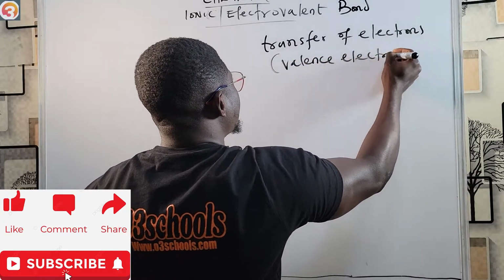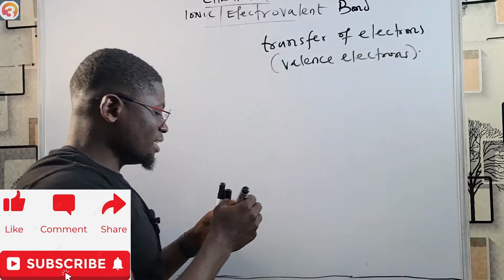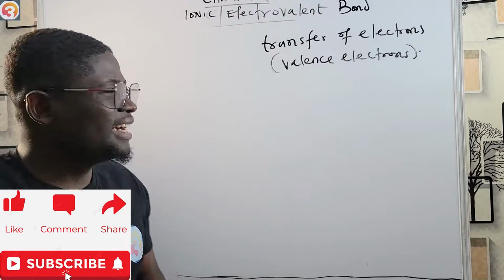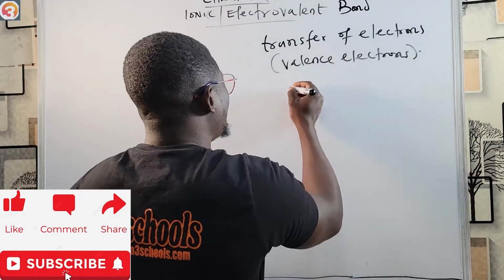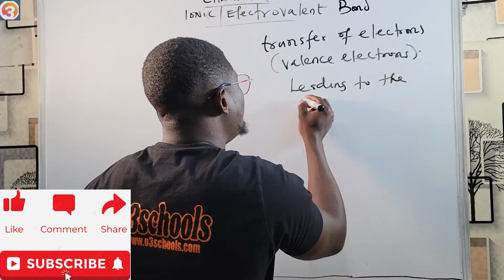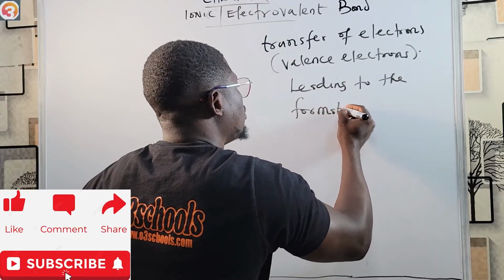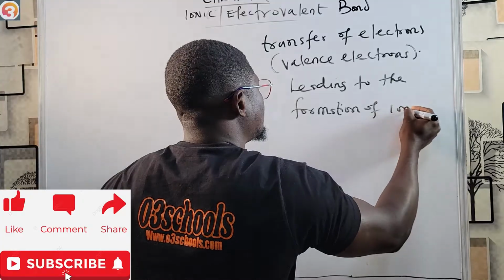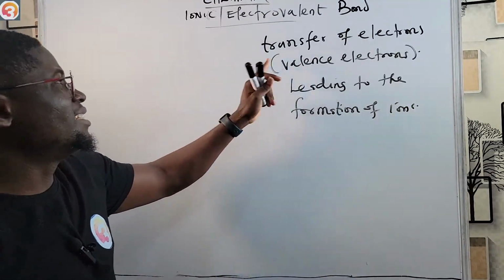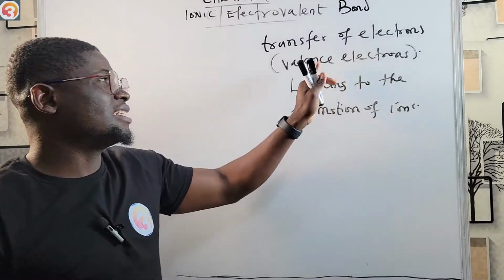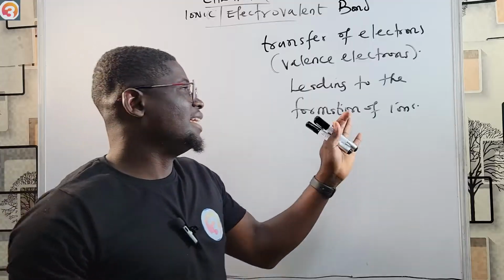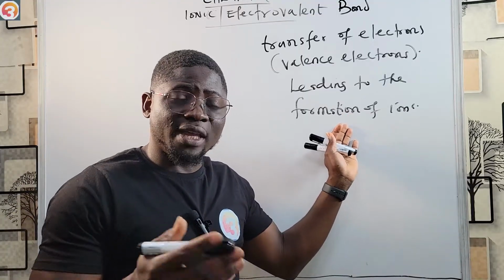There's a transfer of valence electrons from one atom to the other, leading to the formation of ions.